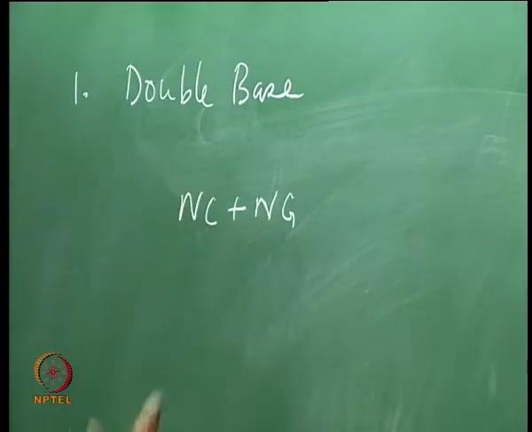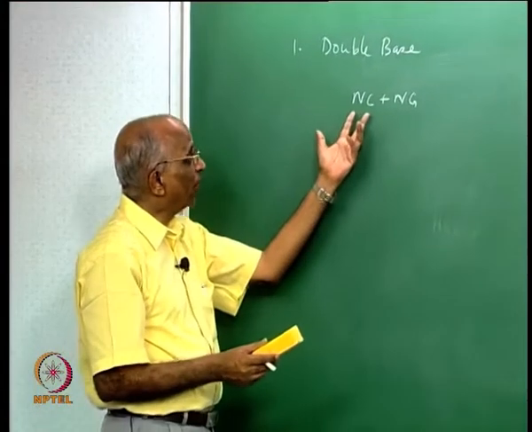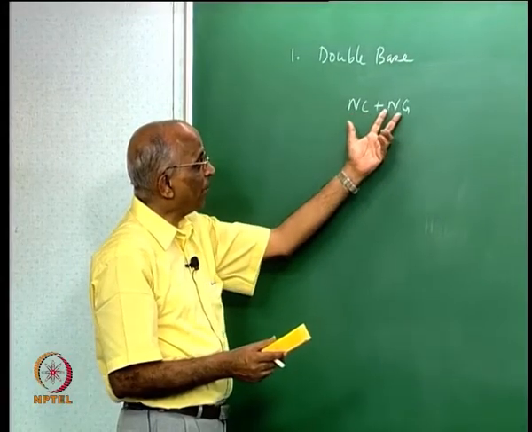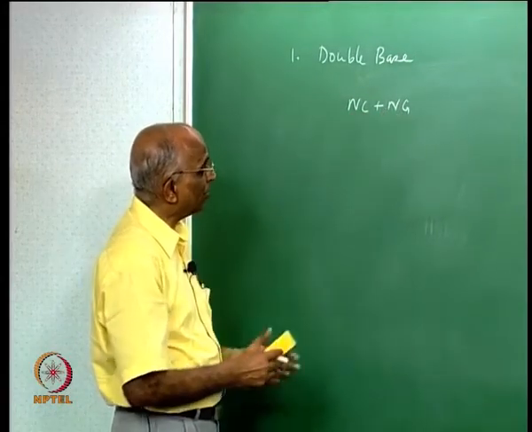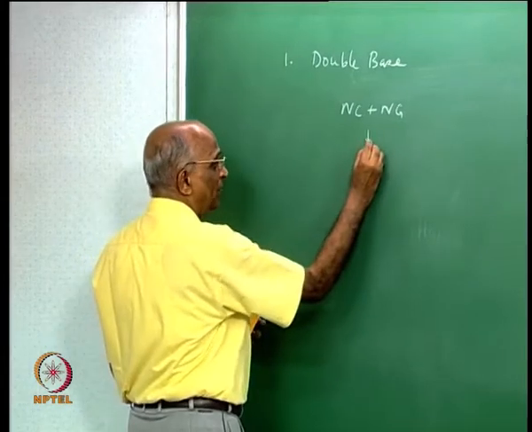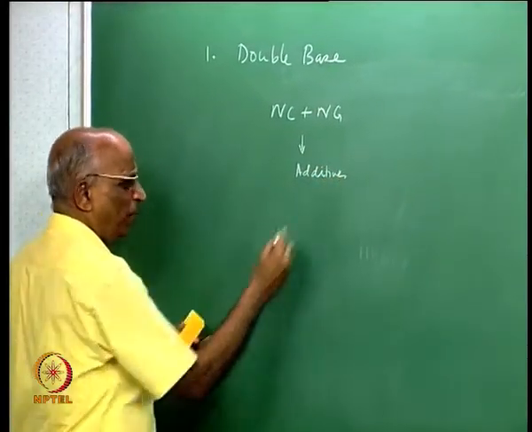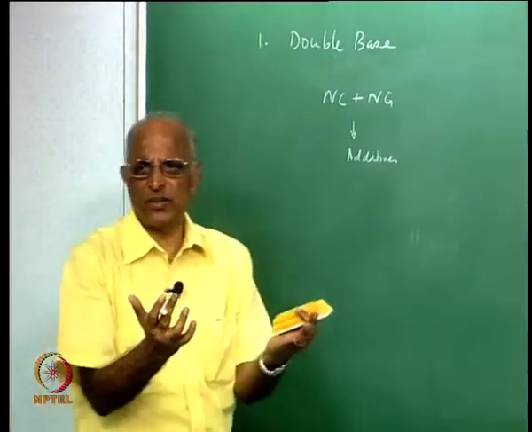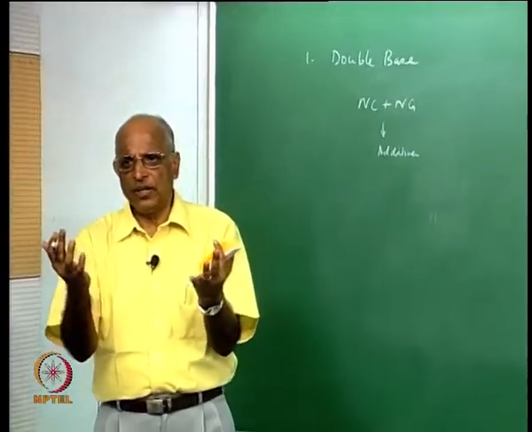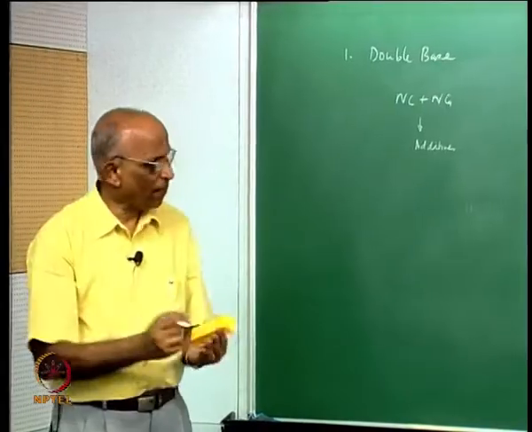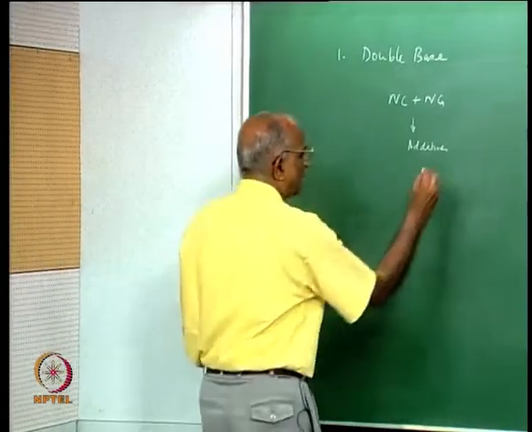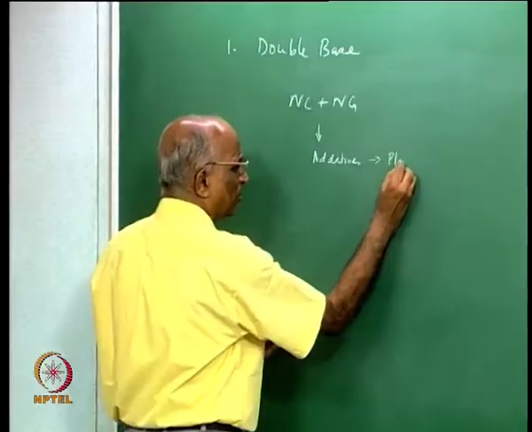How do we make it? Well, we take nitrocellulose, we put nitroglycerine in it, make it a colloidal solution, add some more additives to it. What are additives? Whenever we make a propellant, it is just mixing the thing and forming some hard material because we want it as a solid. And what do we add? We add some plasticizer such that it becomes more plastic.